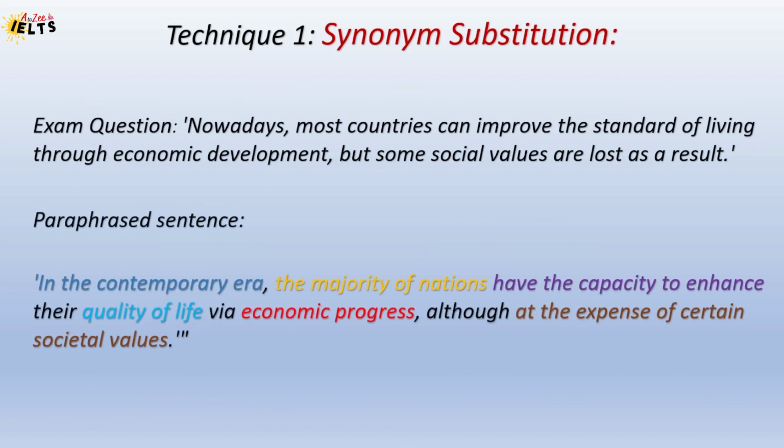Let me read it for you. In the contemporary era, the majority of nations have the capacity to enhance their quality of life via economic progress, although at the expense of certain societal values. So this is the paraphrased sentence by using technique 1.